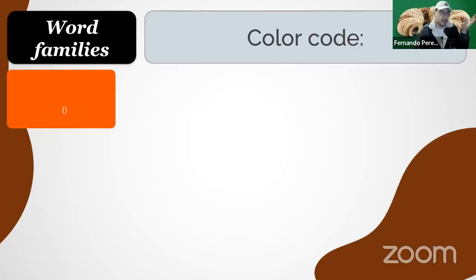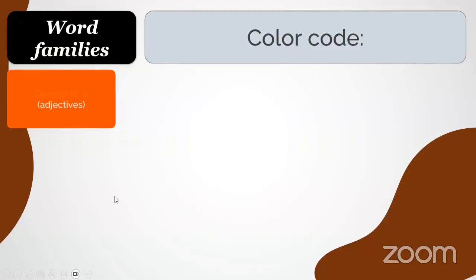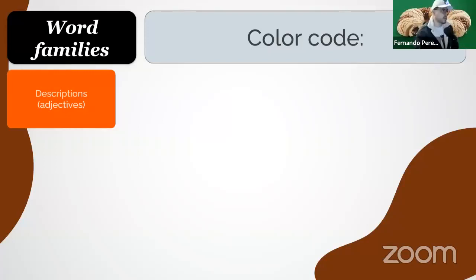They are called adjectives. Remember that? Yes or no? Yes, teacher. Color orange is used to describe adjectives. Okay.